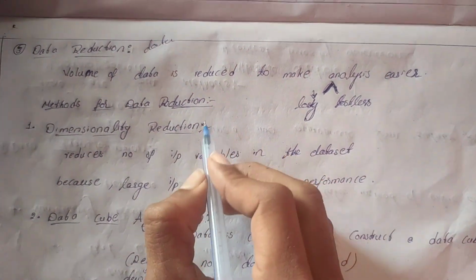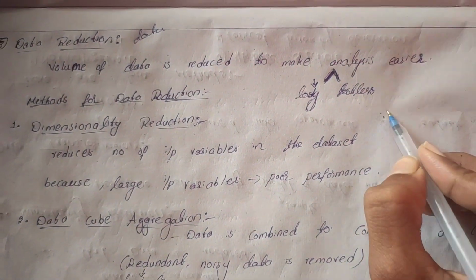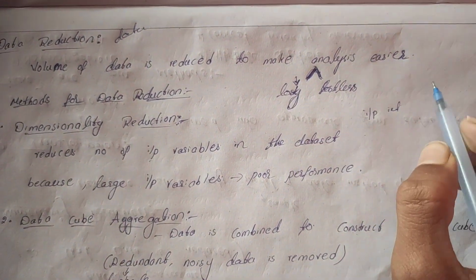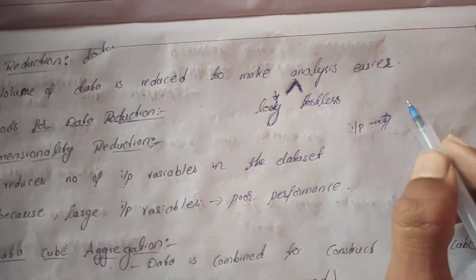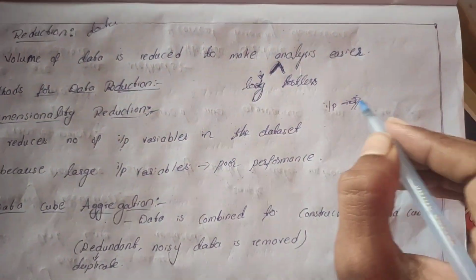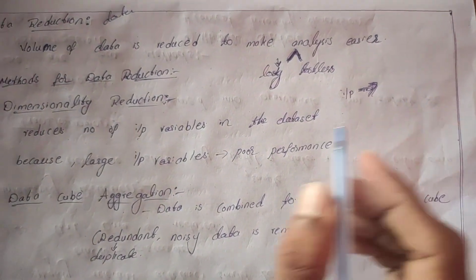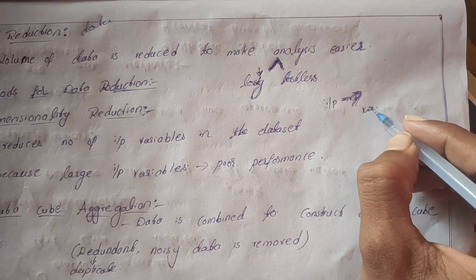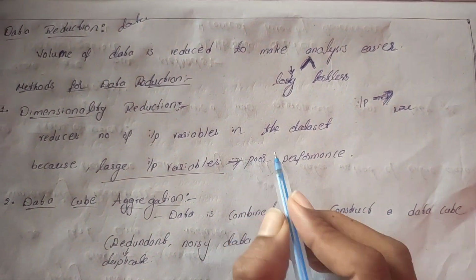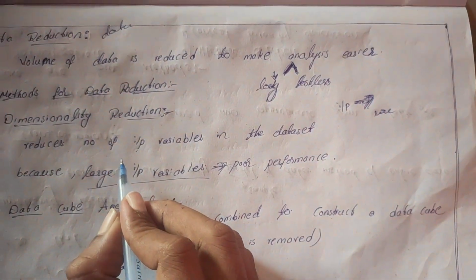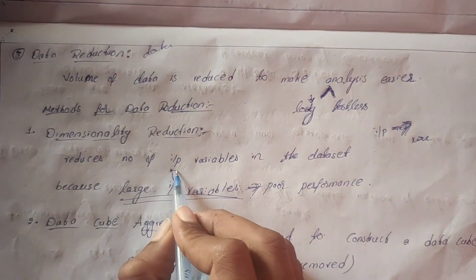Dimensionality reduction reduces the number of input variables in the data set. Inputs which are not highly relevant for preprocessing, the irrelevant input values, are reduced so that there will be more performance for data preprocessing. Because large numbers of input variables already give poor performance, we reduce the number of input variables.